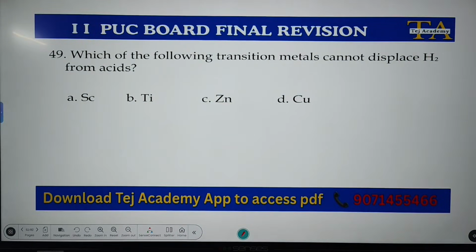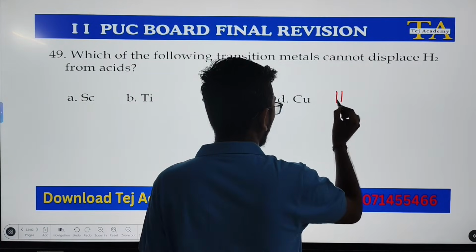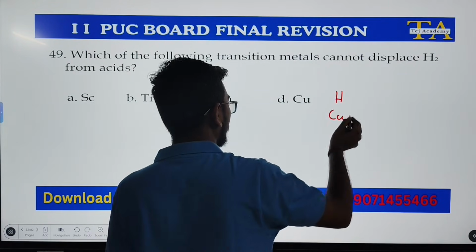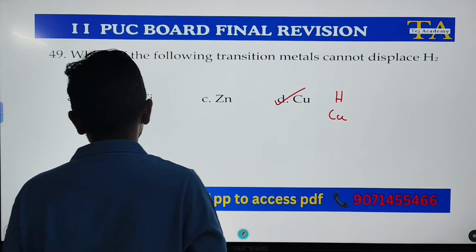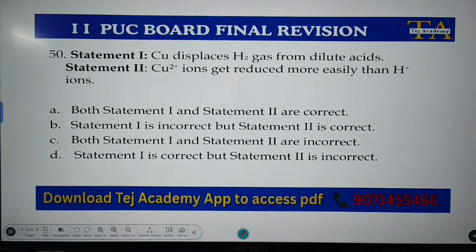49. Which of the following transition metals cannot displace H2 from acids? Just now we studied that copper is present below hydrogen in the electrochemical series, so it can't replace the hydrogen. So option D is the right answer. 50. Statement based questions.